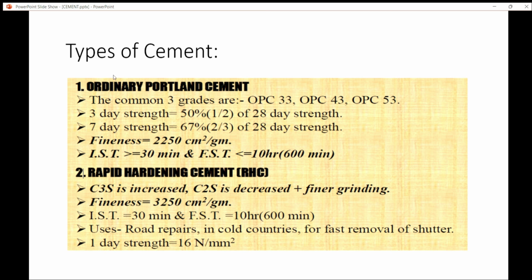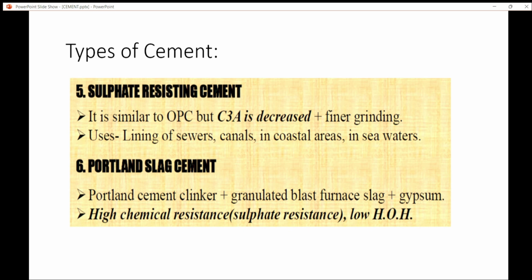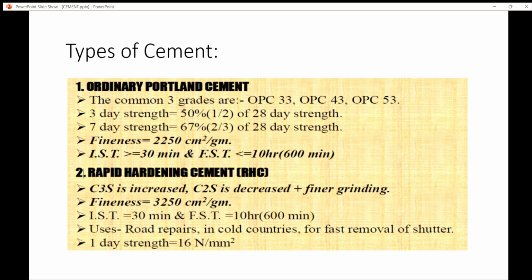Types of cement. There are many categories of cement and we will discuss them one by one. Ordinary Portland cement. The common grades are OPC 33, OPC 43, OPC 53. 3 days strength, 7 days strength. Fineness is 2250 centimeters square per gram.